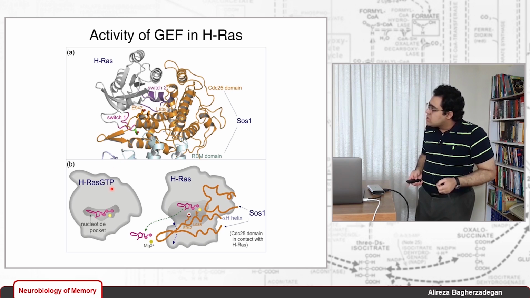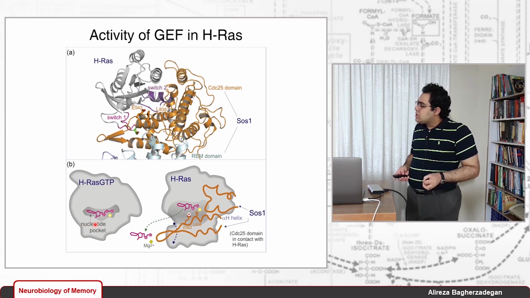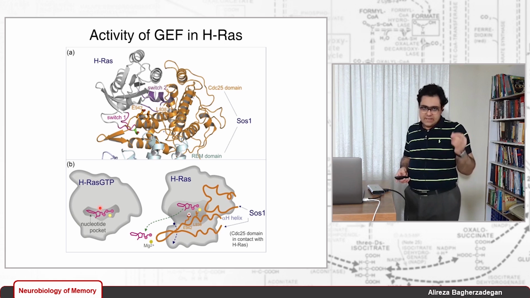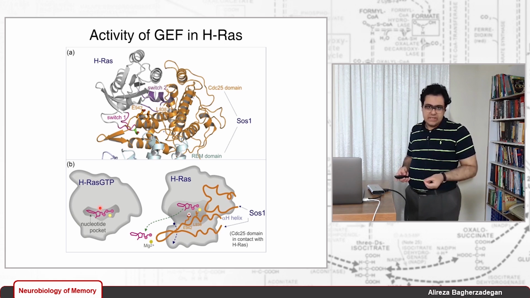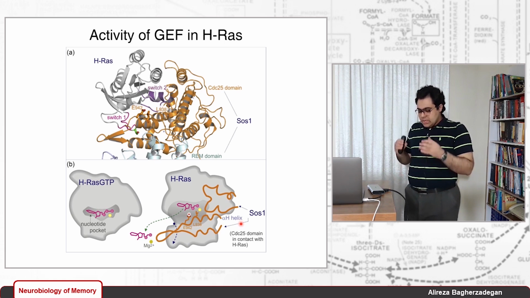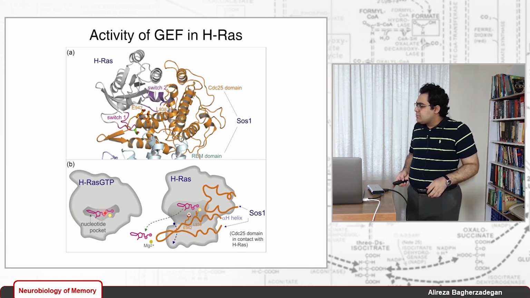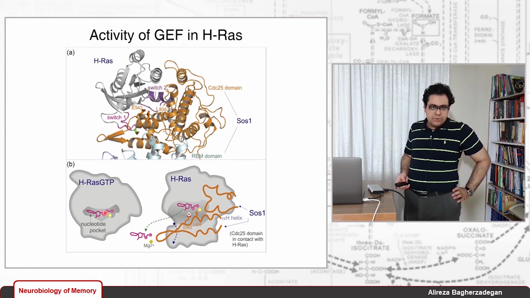And now GTP can bind to the nucleotide binding pocket and makes the H-Ras active again. So this is how a GEF enzyme facilitates the release of GDP so that GTP can bind and turn the G protein on.